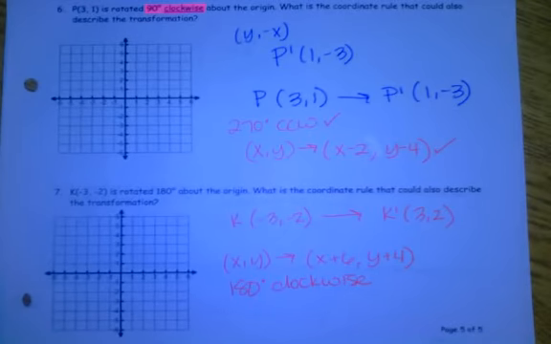Y, negative X. 90 degrees clockwise. Y, negative X. 90 degrees counterclockwise. Negative Y, X. 180 degrees clockwise. Negative X, negative Y. 270 degrees clockwise. Negative Y, X. Very good.